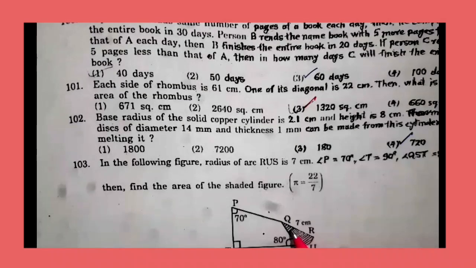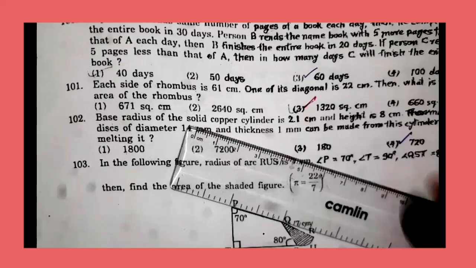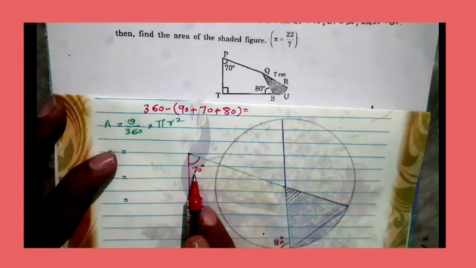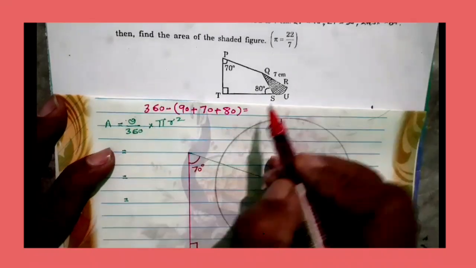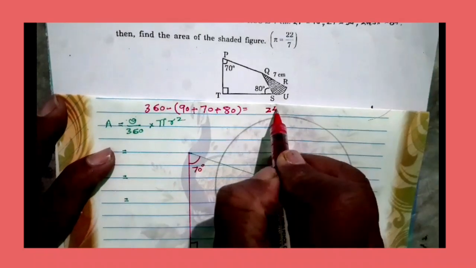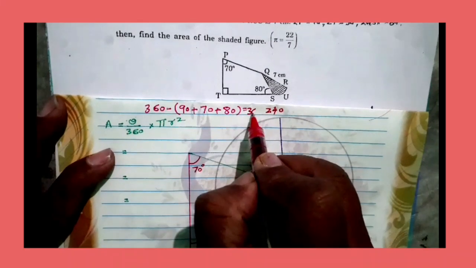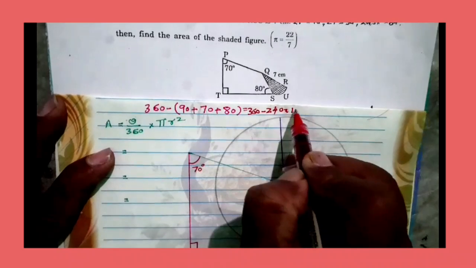This angle is 60. If this is 60, this is a straight line, which is not given. This is a rough figure. This is 90 plus 70 is 160 plus 80 is 240, and minus 360 is 120.